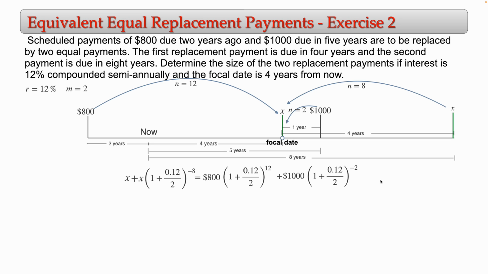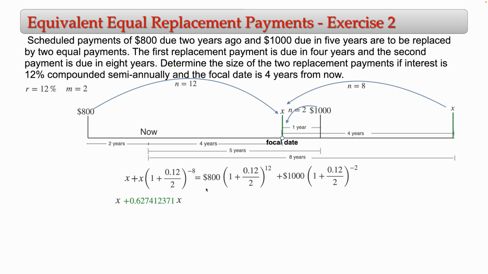So now that you have this, the only thing you need to do is just find each of the values. You get this is x, this is 1 plus 0.12 over 2 to the power negative 8. I get 0.627412371x, because this factor is multiplying x. Obviously, this sum is very easy because this is 1x, this is 0.6 something x.